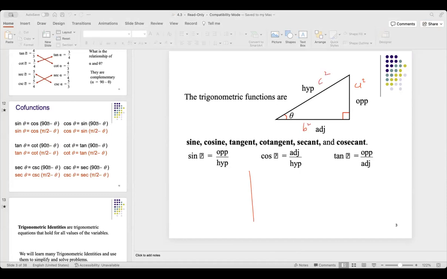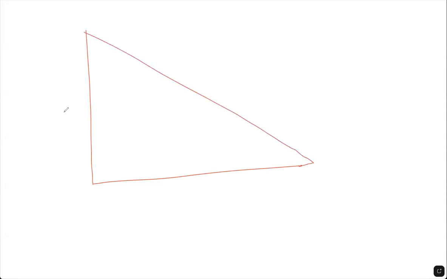So let's look at one example on that, and we'll wrap it up. So you have this is 6 centimeters, this is 8 centimeters.